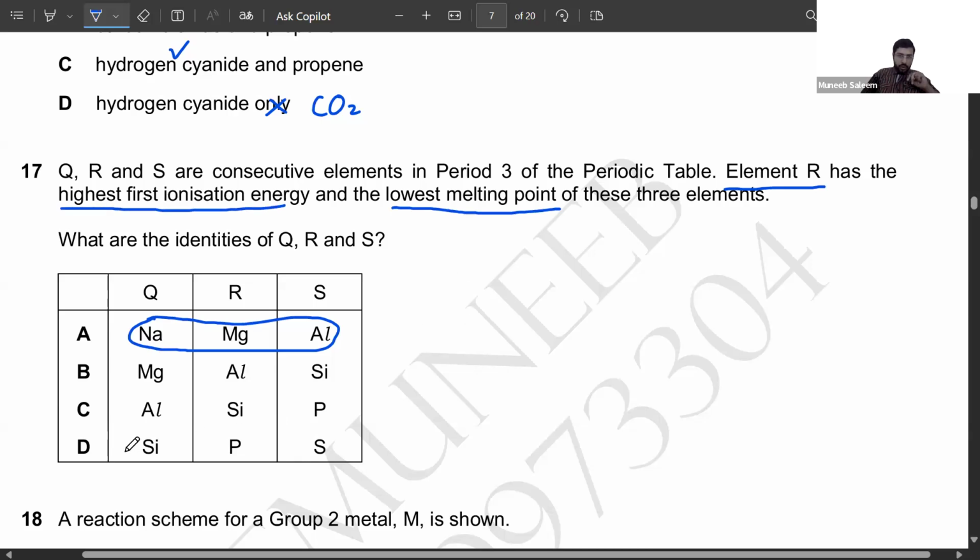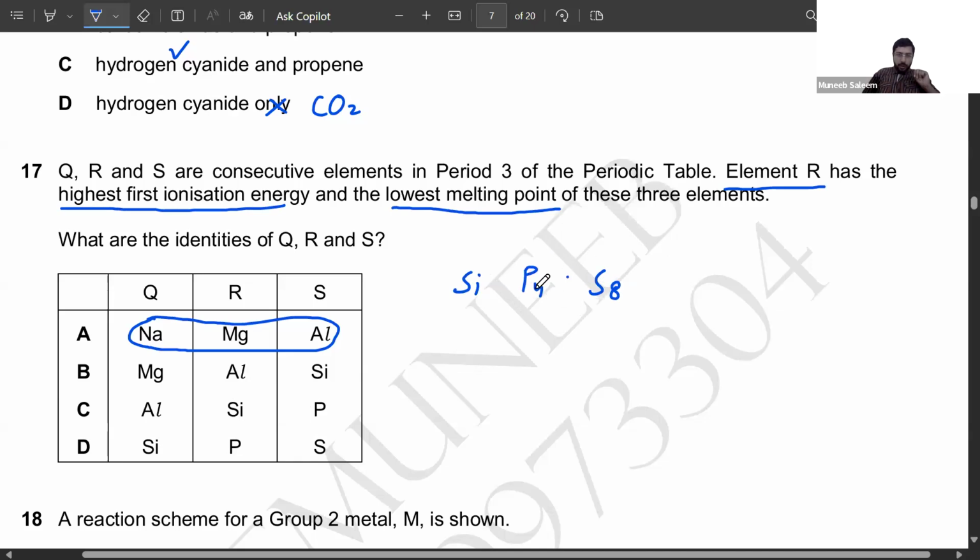So if we check the option that R must have the lowest melting point, we know that within the third period, P4 comes on the left side, then sulfur S8, and silicon is on the left of it in the periodic table.